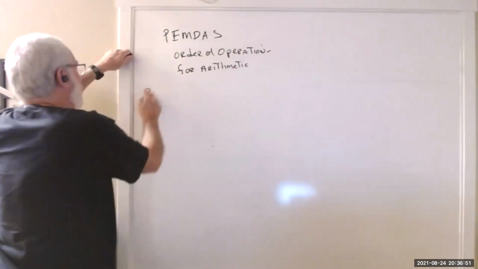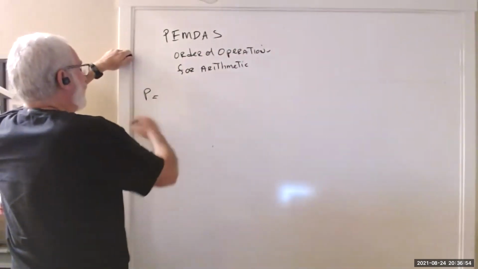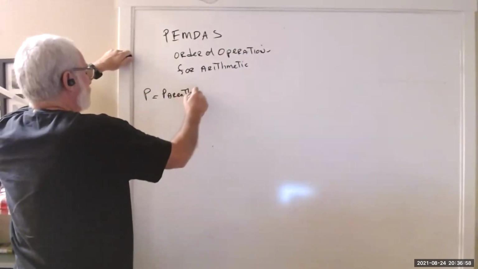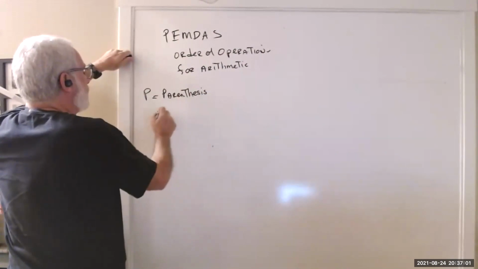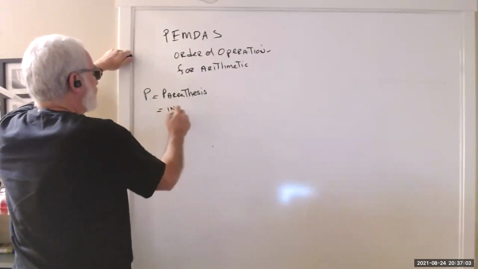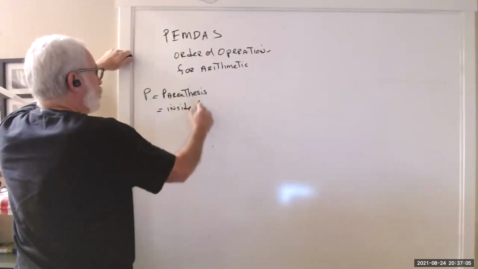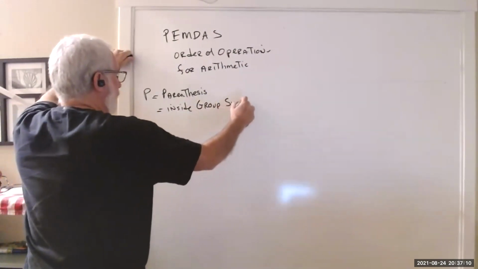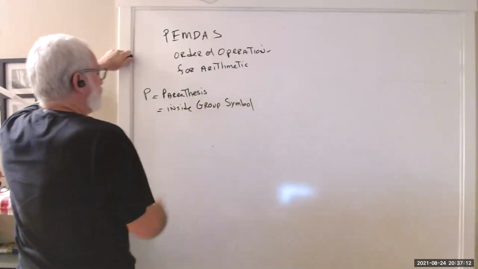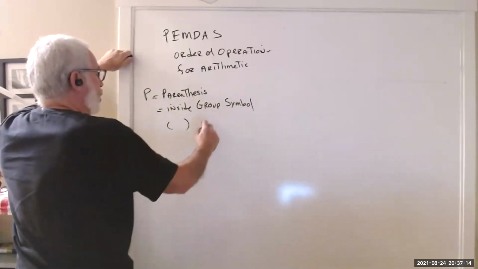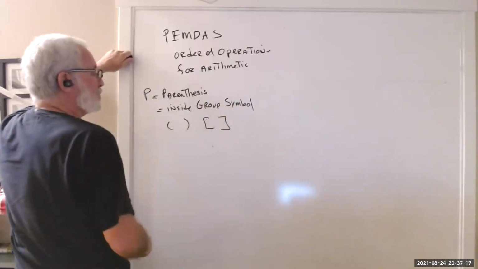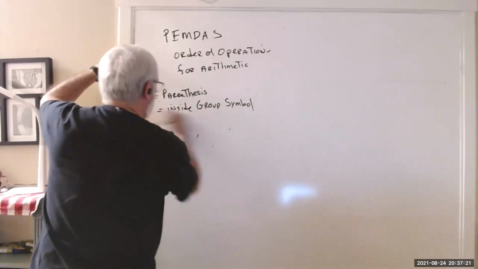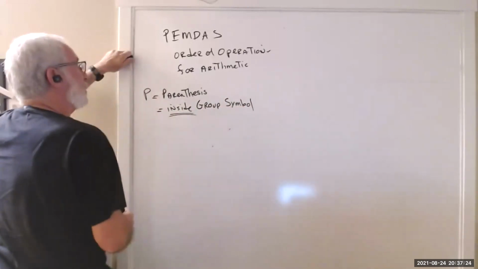The P, most people think it stands for parentheses. Actually, it means simplify inside of a grouping symbol. A grouping symbol could be parentheses, or brackets, or all kinds of things. But it means simplify inside the grouping symbol.